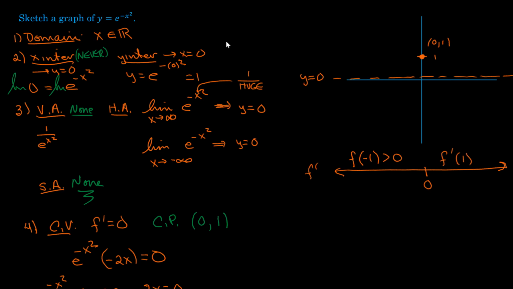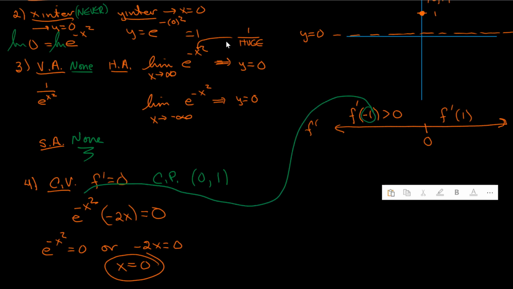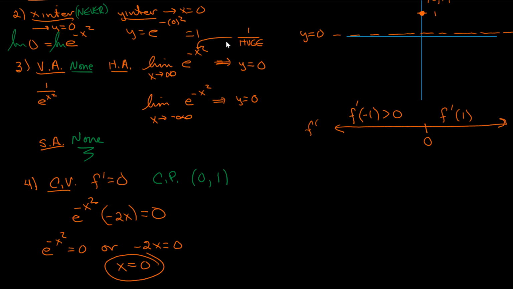Remember, when I put this negative 1 in, I'm evaluating it in the derivative. And the derivative is down here. So I put the negative 1 in there. That turns out being a positive number. Put the negative 1 in here. That turns out being a positive number. And a positive times a positive gives you a positive.